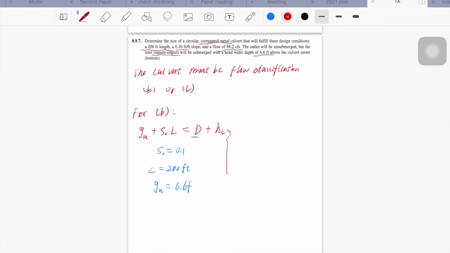So we can determine the head loss equals 26.6 feet minus D. This is equation 1.